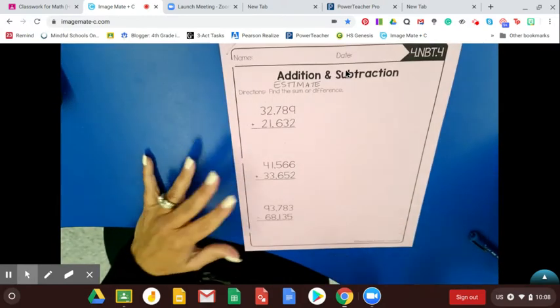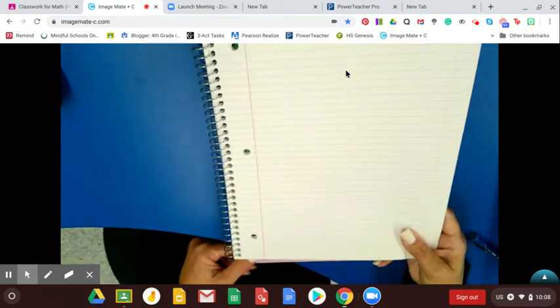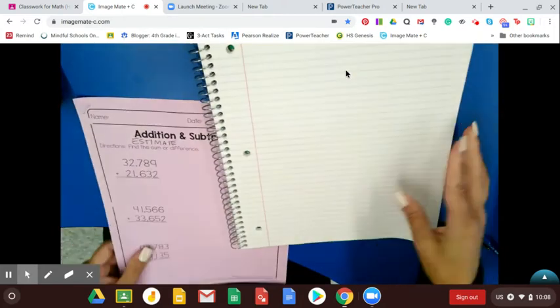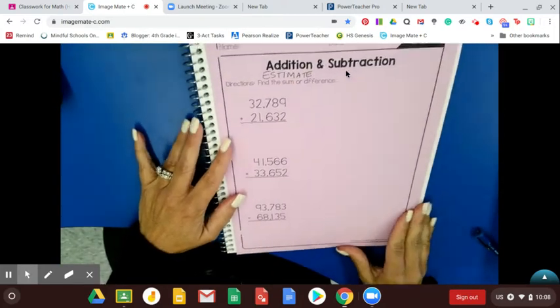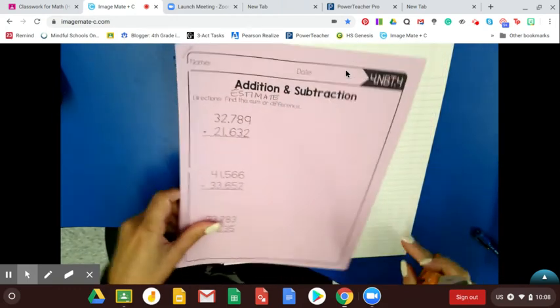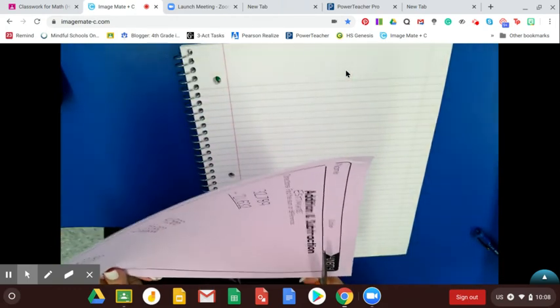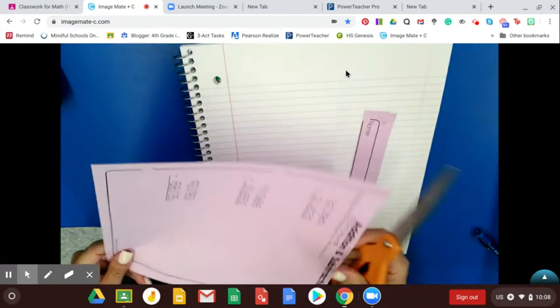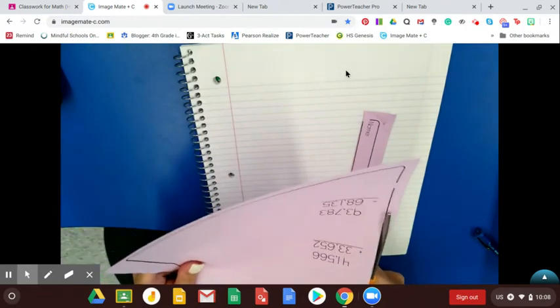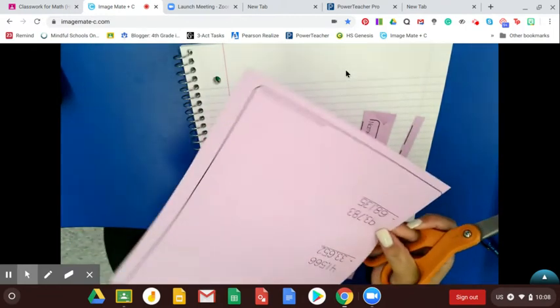All right. So I'm going to grab my math notebook. I'm going to open up to the next blank page in my notebook. And I want to glue this purple page down. Now, if you have a notebook that's big enough, you may be able to just put it in there. If you don't, you may have to do a little trimming. I'm going to trim off the name. I think I'm going to trim on the inside of this black line just to make it a little bit cleaner.